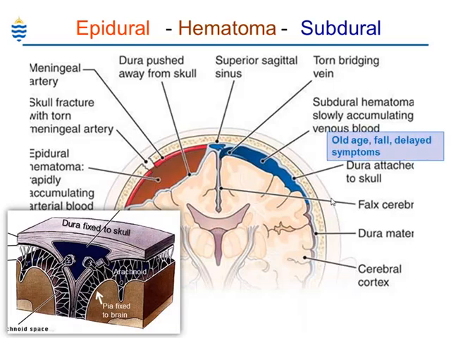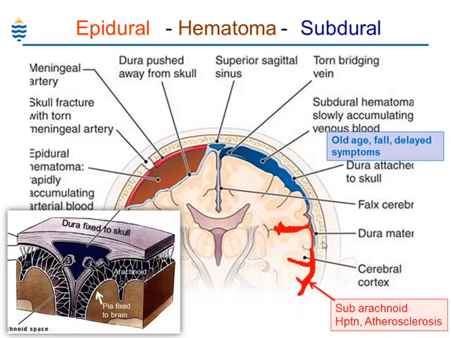Subdural, later age group, shaking, usually a fall in the house, but presenting with symptoms after a few days to weeks. Subarachnoid hemorrhage, wherein the blood enters the sulci, is hypertension, atherosclerosis, secondary causes, not trauma.